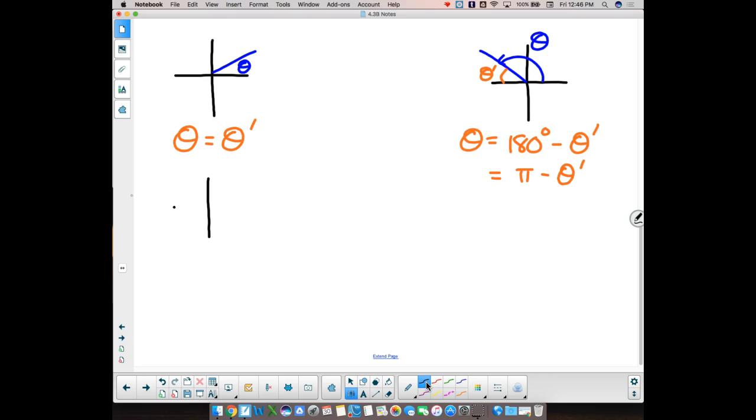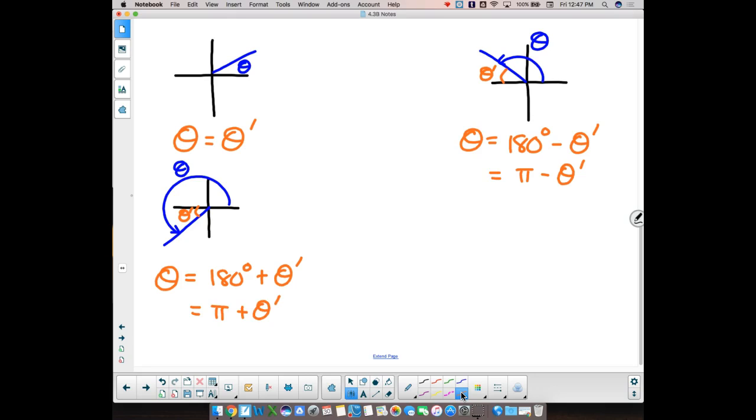If I am in quadrant number 3, there is my theta. My reference angle would be there. So theta, oops, I almost put theta prime. Theta is equal to 180 degrees plus my reference angle, or pi plus my reference angle.